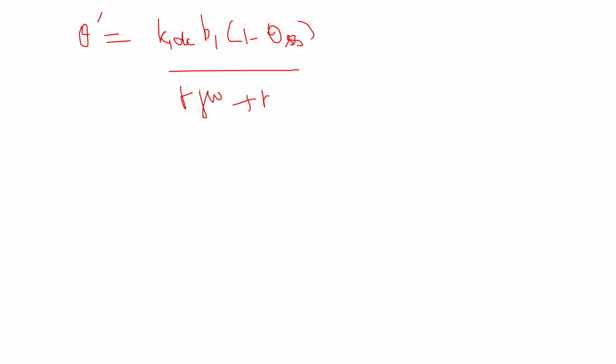Theta dash will be nothing but K1 DC B1 into 1 minus theta SS over gamma j omega plus K2 plus K1 DC. Is this clear?